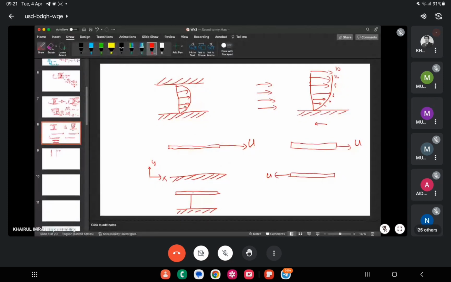Awak bayangkan yang ni bergerak ke kanan. Starting dia straight line, sekarang dia bergerak ke kanan.